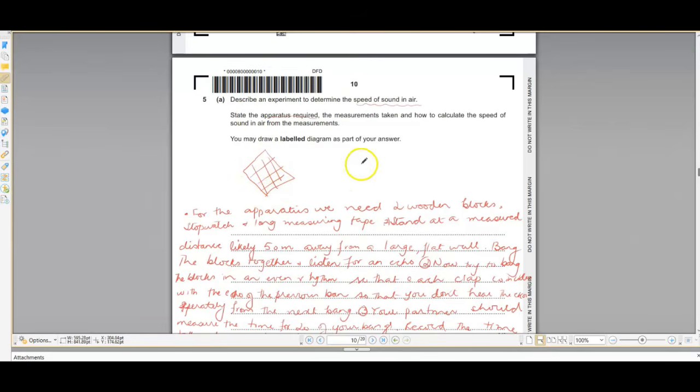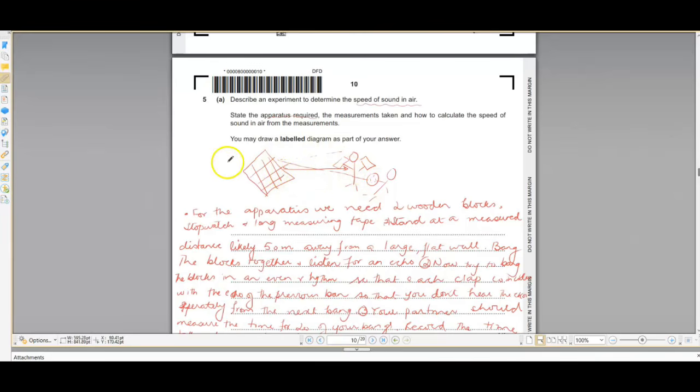Obviously, I'm not drawing, and you can show 2 people standing over here, one with wooden blocks and one with a stopwatch, and then you can just show the bang that's produced here, and this is what is being calculated, and the distance is also over there.